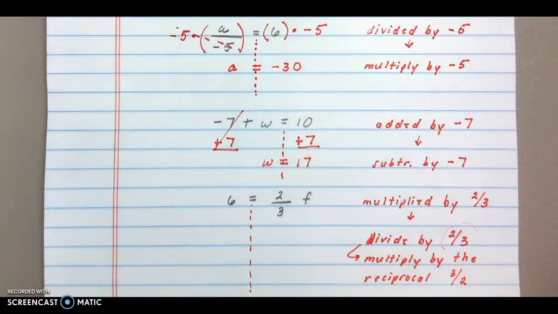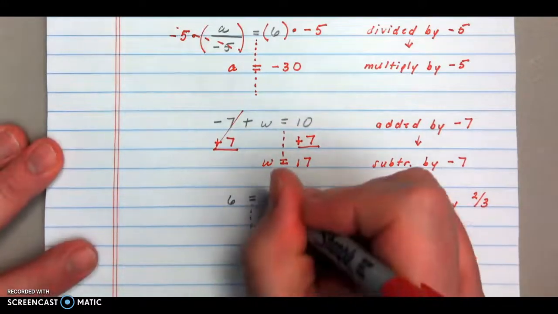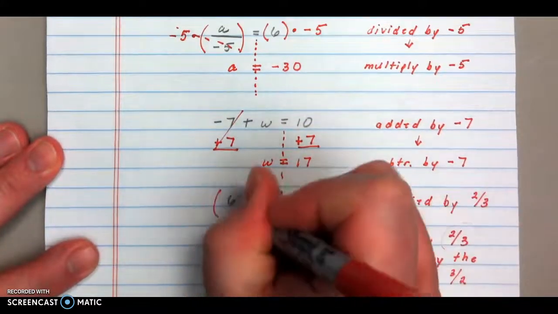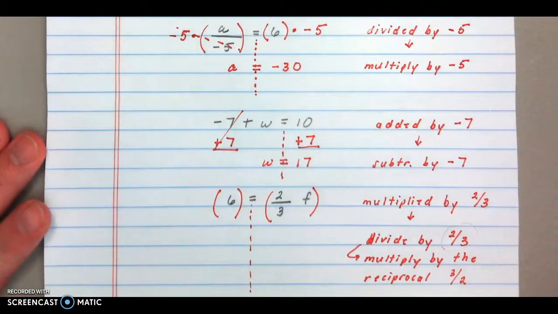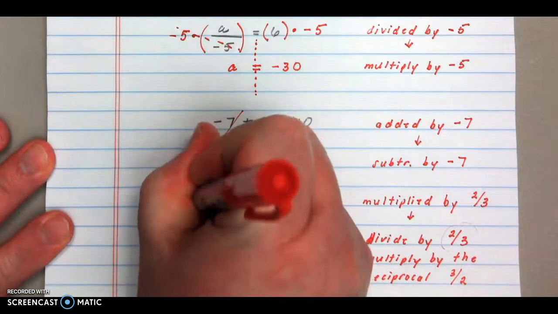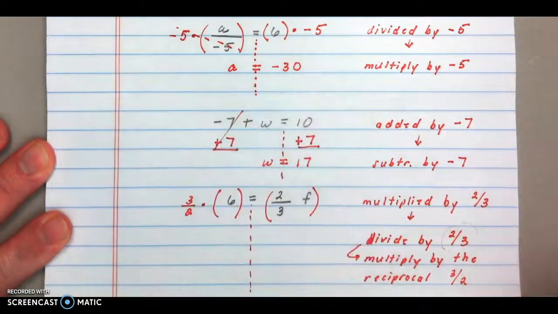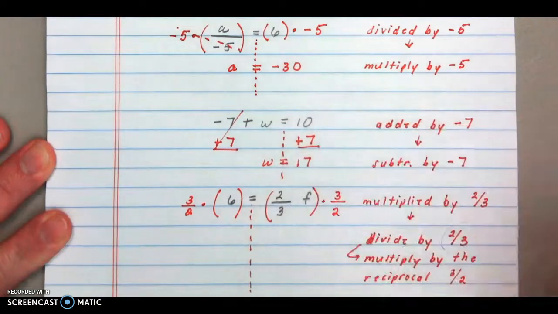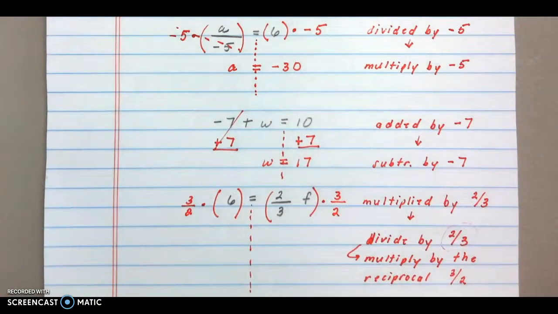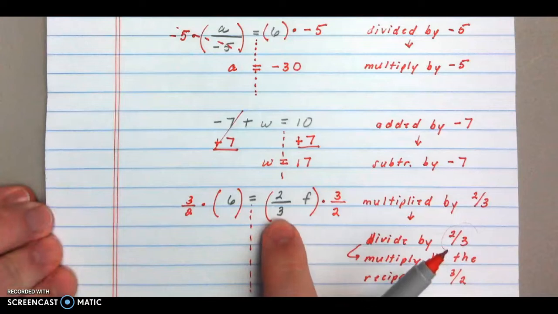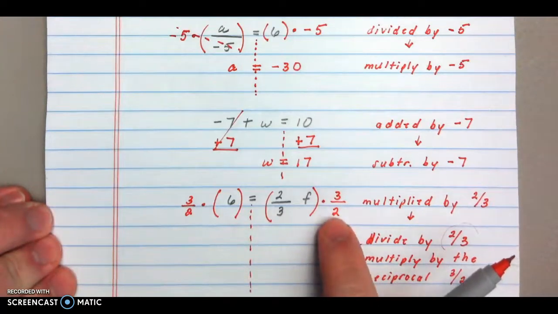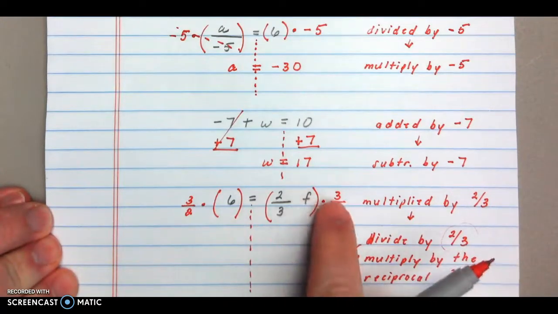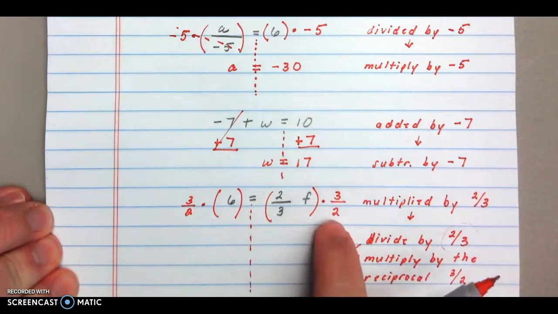So we're going to do that on both sides. So here and here, we're going to put both of those in parentheses, and we're going to multiply by 3/2. And here. So before we had 2/3 and we're multiplying it by 3/2, if we would really multiply that across, 2 times 3 is 6, and 3 times 2 is 6.